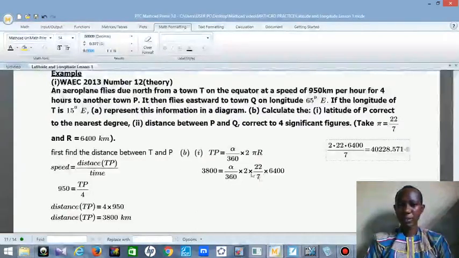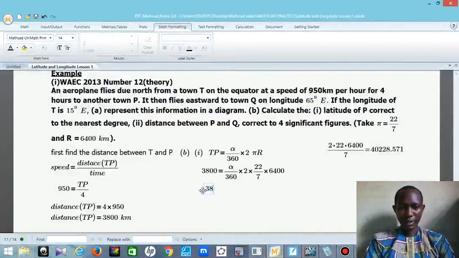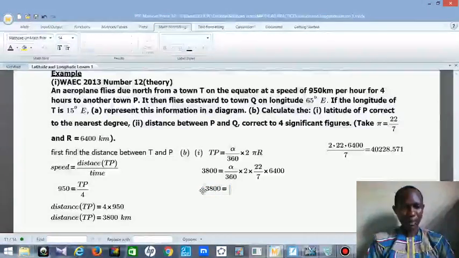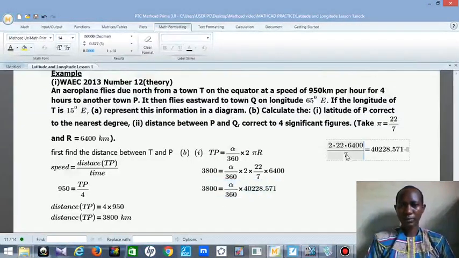So we have 3,800 equals alpha divided by 360 times this answer, which is 40,228.571.